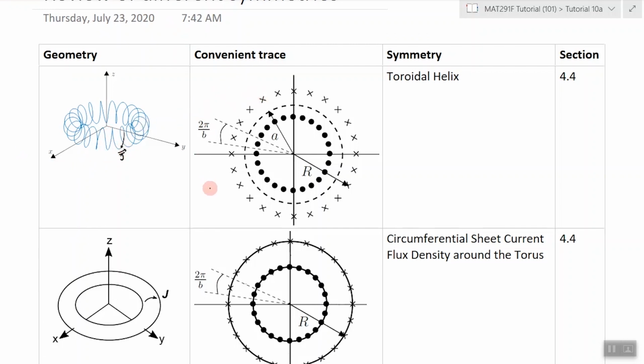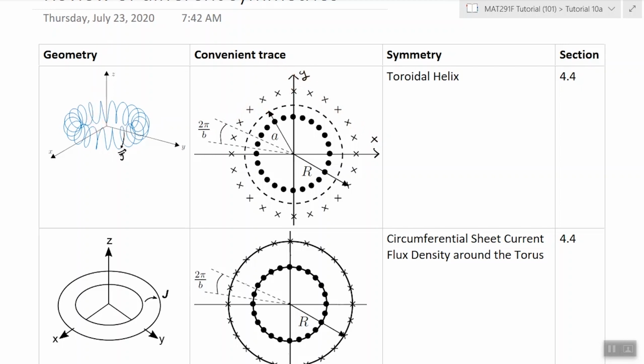The trace would look like this. Here you see coming out of the page are these wires because they are on the inner circle, because on the inner circle J is coming out of the page. Then on the opposite side, the wires are going into the page.